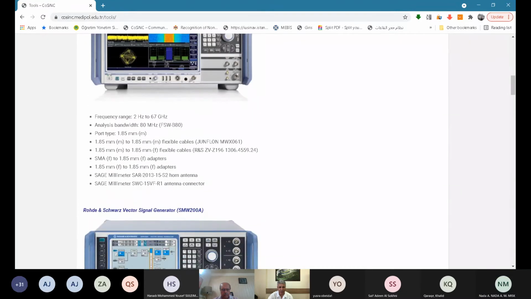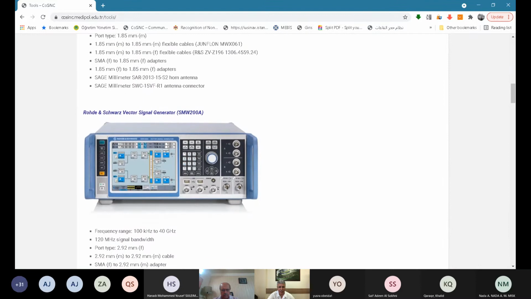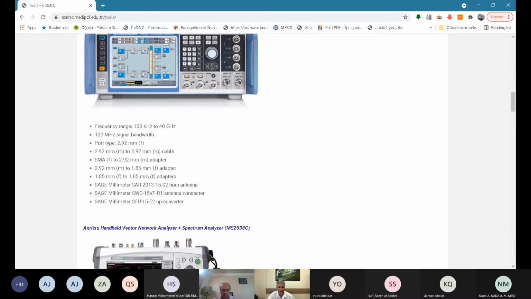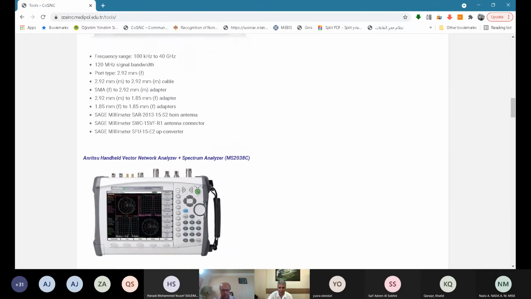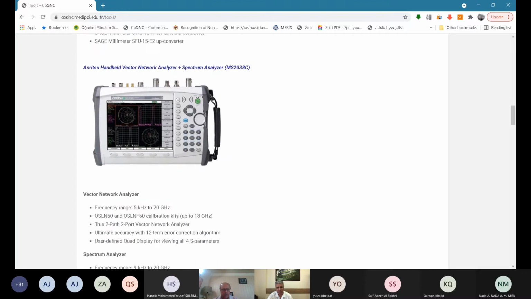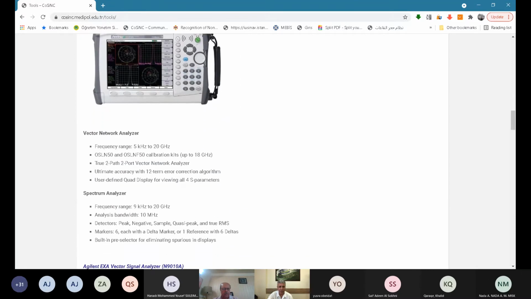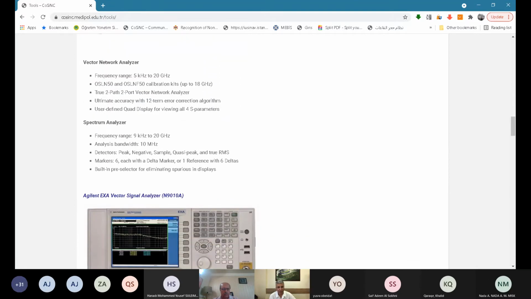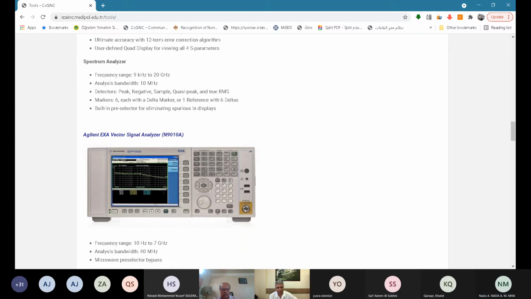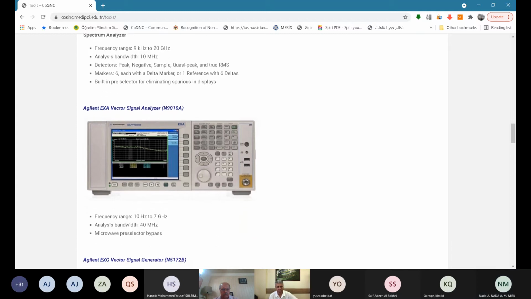These equipments are very capable. You can generate signals, you can capture and analyze signals. There are handheld equipments, desktop equipments. You can study millimeter waves. We don't have terahertz yet. I'm looking for terahertz equipment.